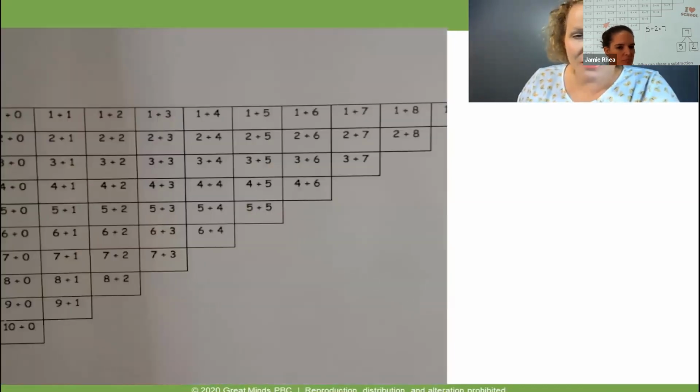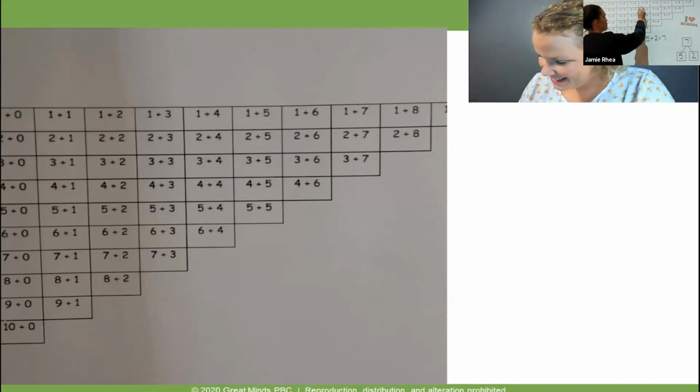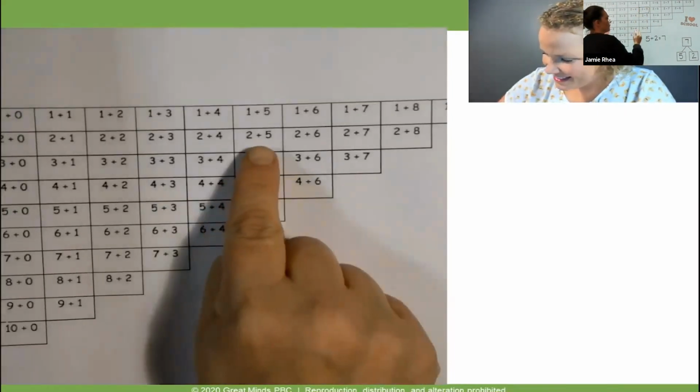Can you find another expression in our addition chart that also has the parts 5 and 2? When you find it, put your finger on it and then look up at me and smile. Can't really see it, but it's 2 and 5. Almost. Make a box.